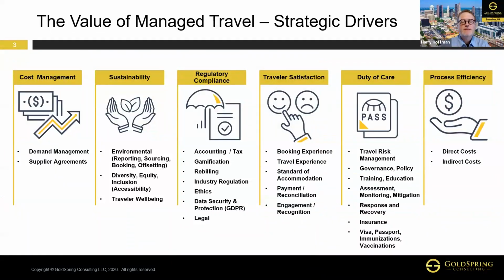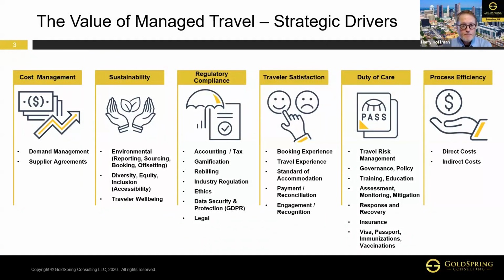Before we jump into that, something we want to focus on holistically is the value of a strategic managed travel program. Here at GoldSpring, we find there are six main strategic drivers of the travel program. Cost management, which can impact supplier agreements and demand management.